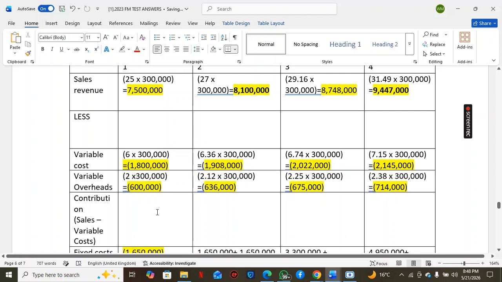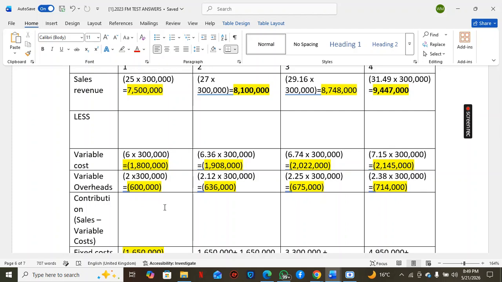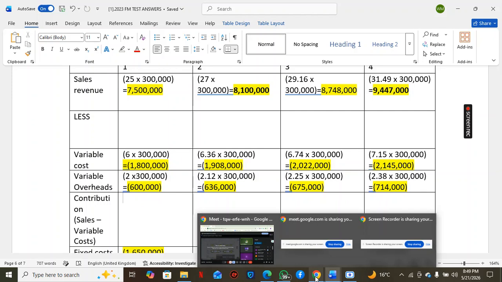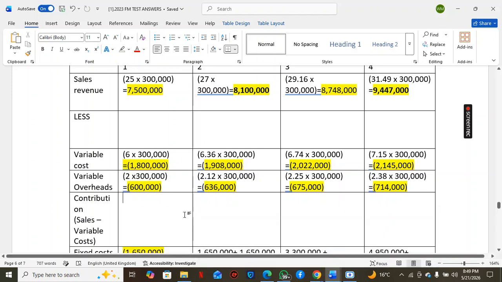What do we get? Just focus on the numbers highlighted in yellow.